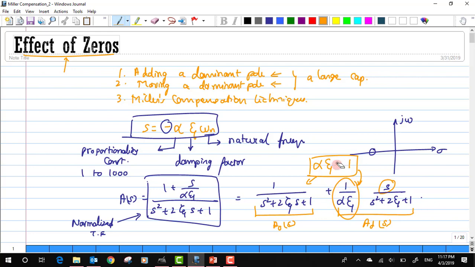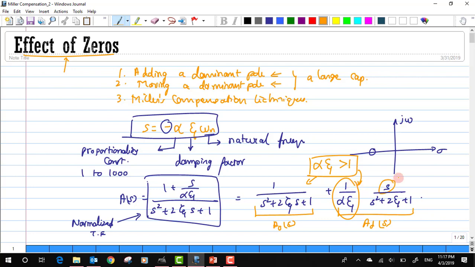Whereas when this term is larger than 1, it would act as an attenuation term. So depending on the magnitude of alpha times zeta, it either acts as a gain term or as an attenuation term.